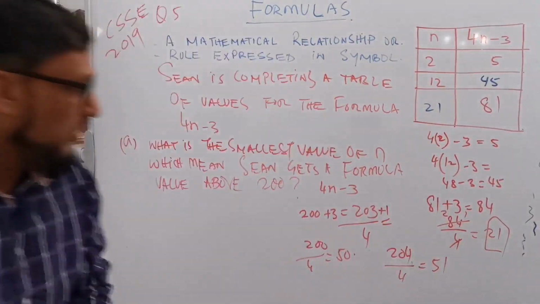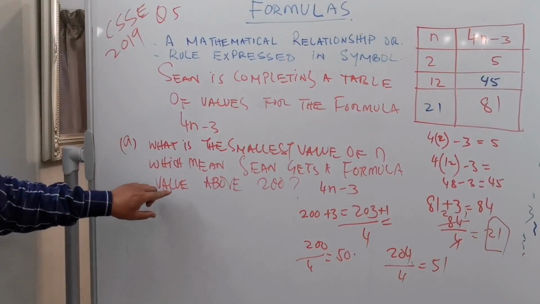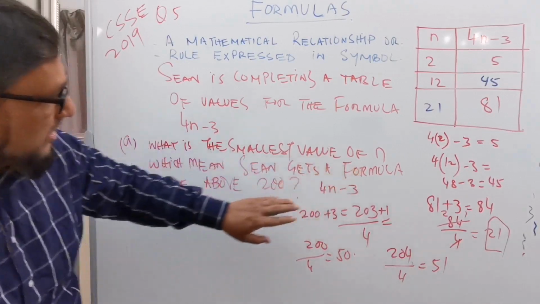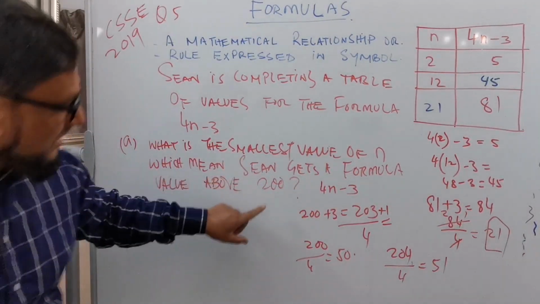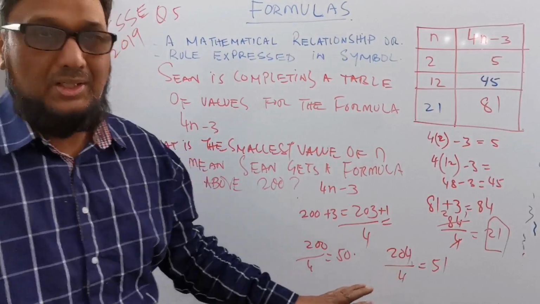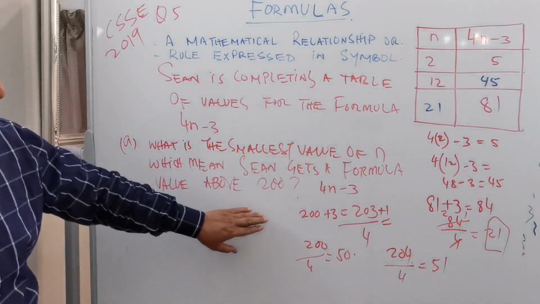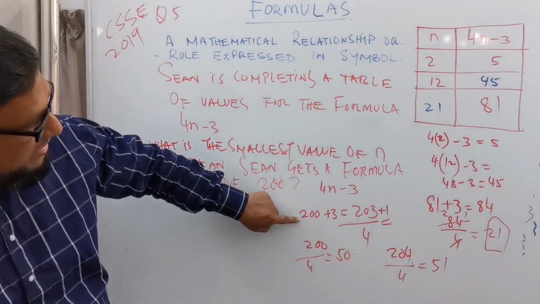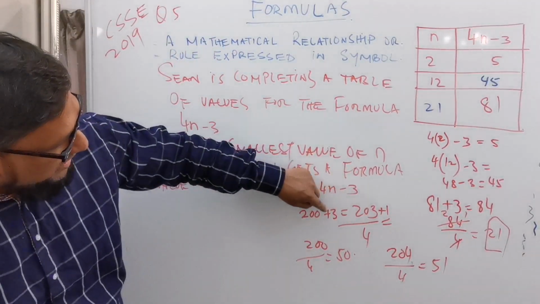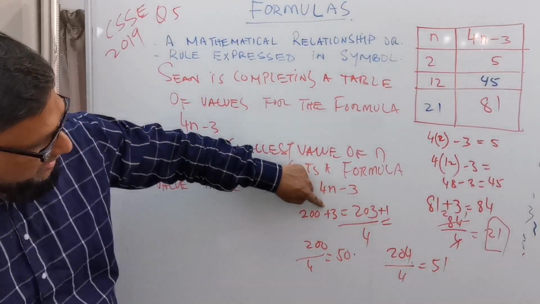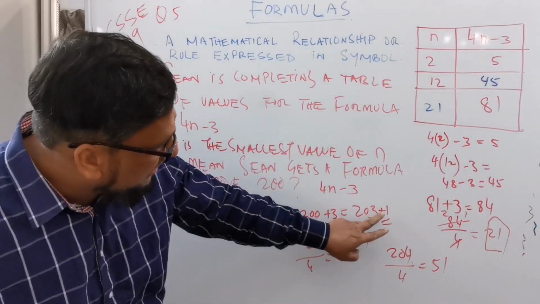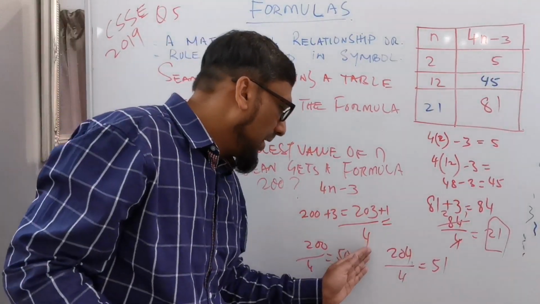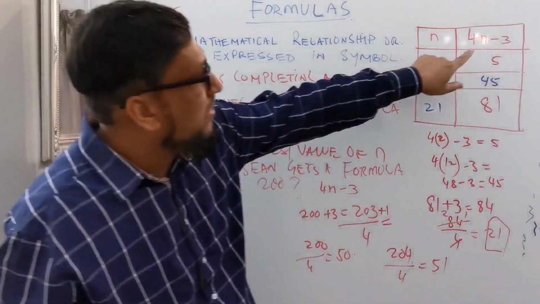Let me repeat again. They are giving you the value 200, and the examiner asked that the value has to be above 200. Instead of minus, we need to add back plus 3 for the reverse calculation. The answer is 203. Then we divide by 4, because it's times by 4.